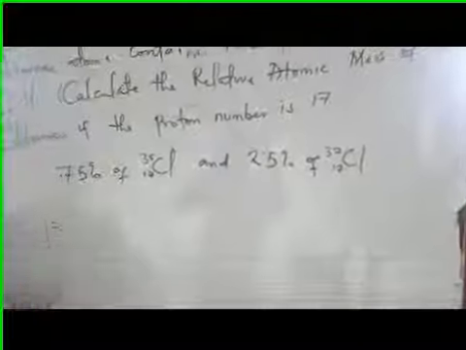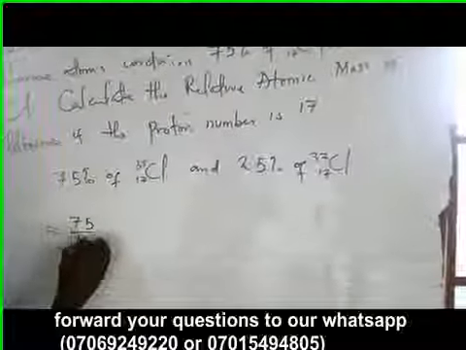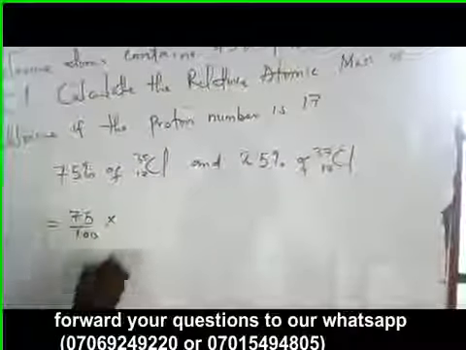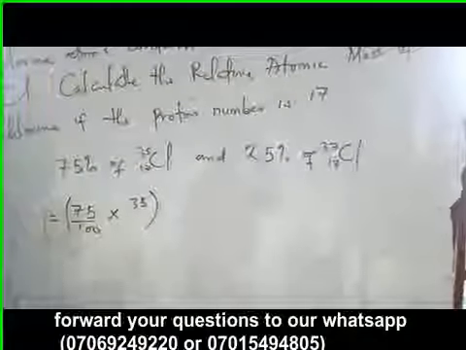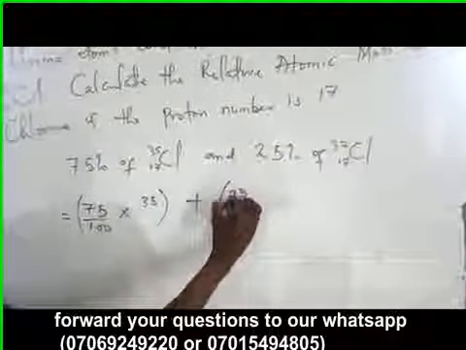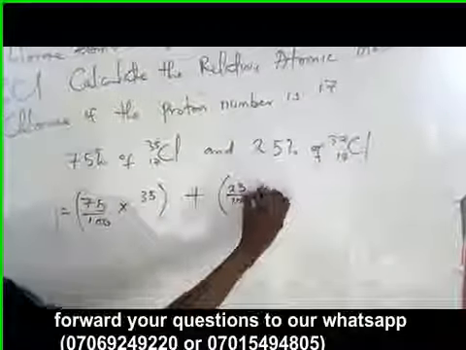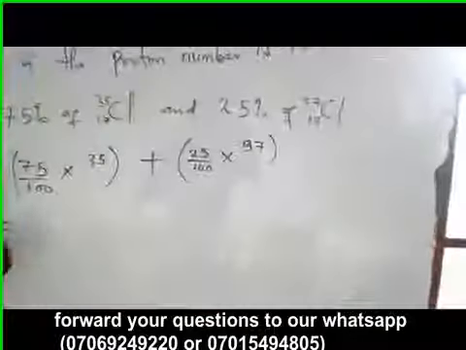Here we know that percentages always add up to 100. So we are going to have 75 over 100 times 35, which is the mass number of chlorine here, plus 25 over 100 times 37.